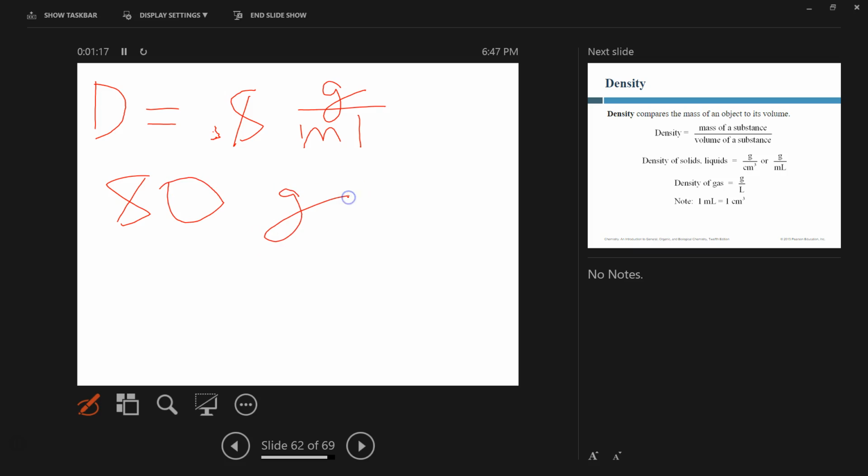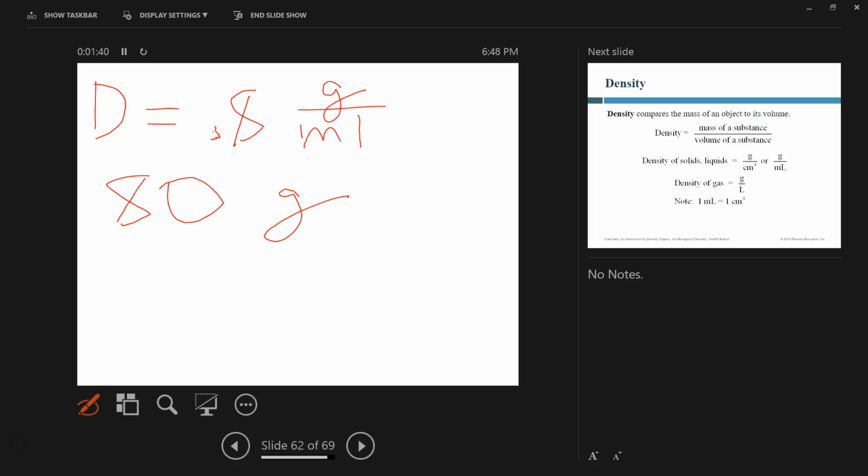Good? Okay. So I tell you, I have 80 grams of ethanol. What is the volume? In order to find volume, you have to have a conversion factor that would have grams in the denominator. The 80 grams of ethanol is the mass, right?